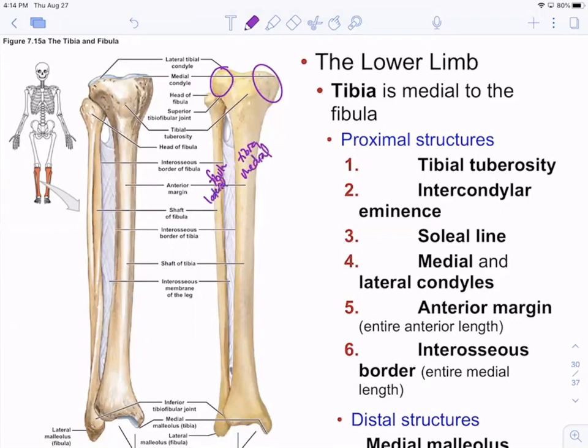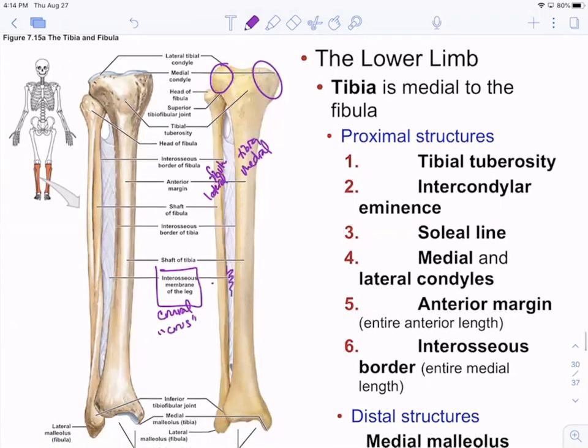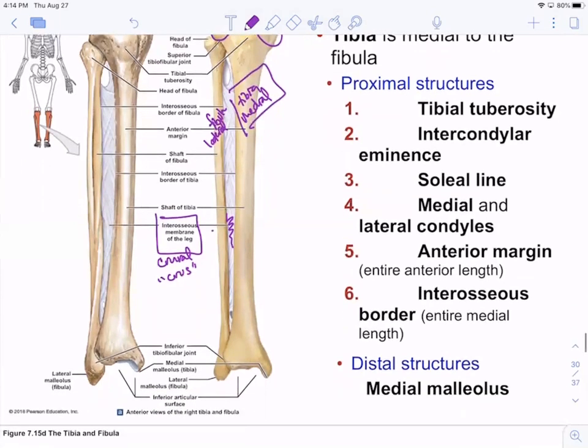And again, you have the interosseous membrane. It's the crural interosseous membrane because it's in the crus area. Okay, so that's this membrane here. I'm telling you the tibia is medial, which means down at the distal end, you have what is called your medial malleolus.